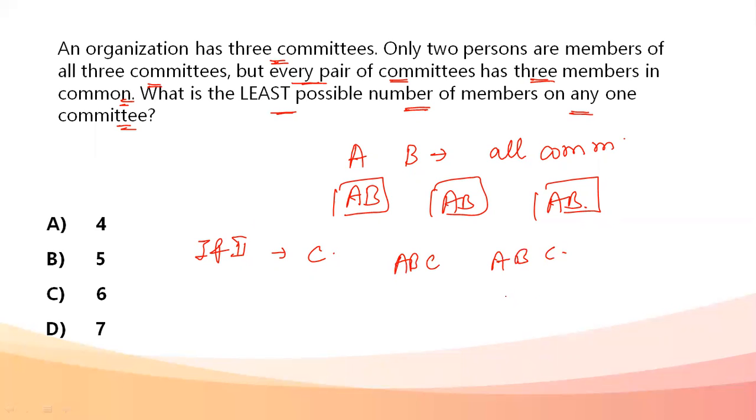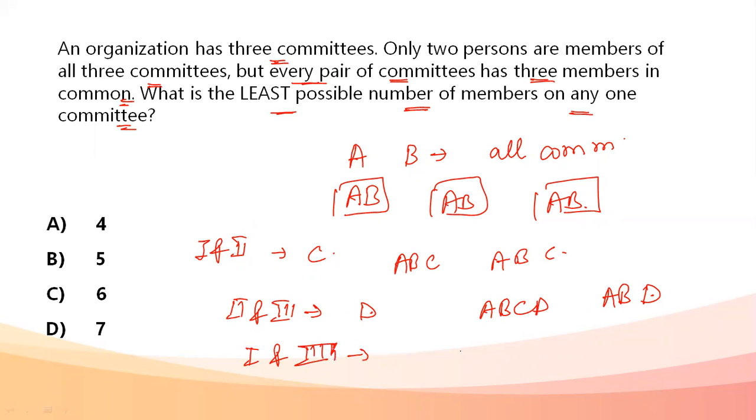Now the member that is common between second and third committee, let's say that is D. So it's A, B, C, D and A, B, D. Now between first and third committee, the person that is common, let's say is E. So it has to be A, B, C, E, A, B, D, E, A, B, C, D, everywhere it has to be E that is common.